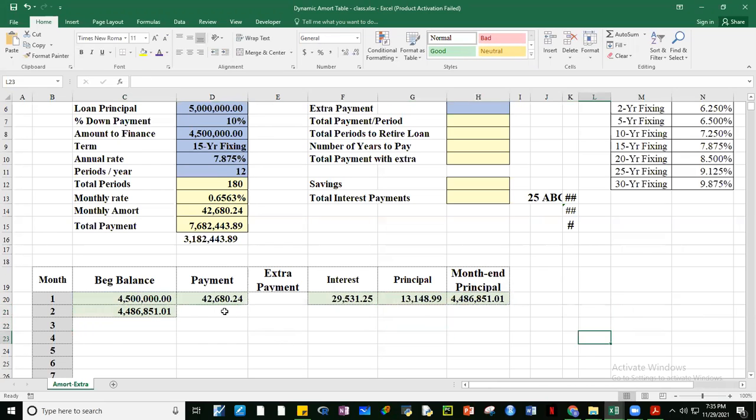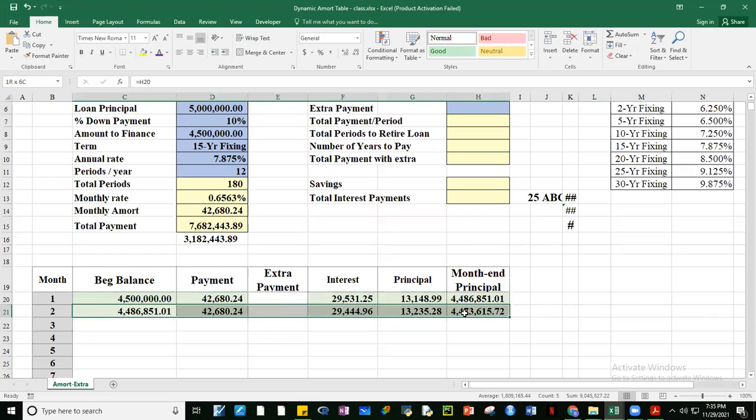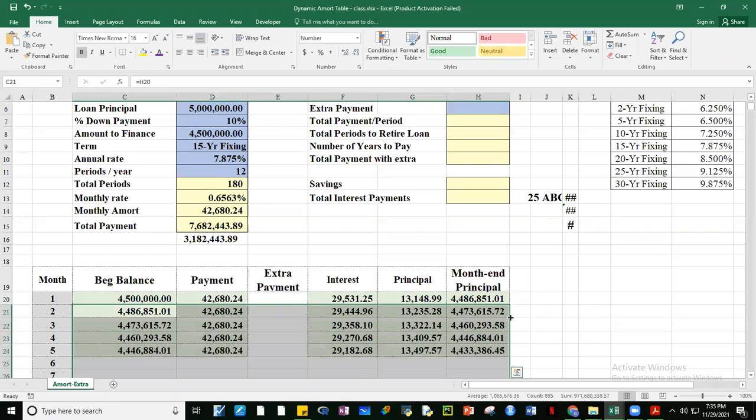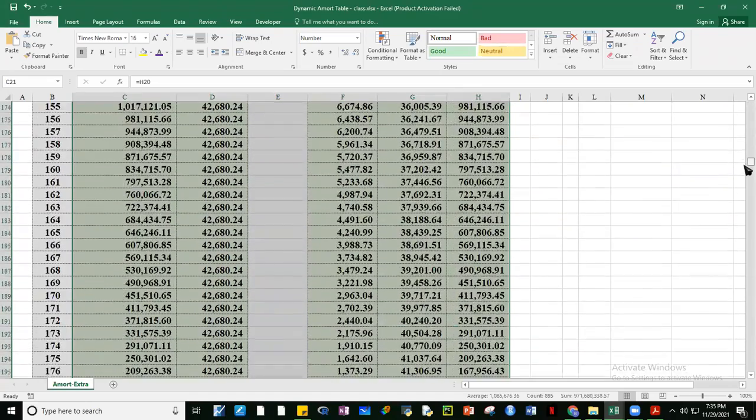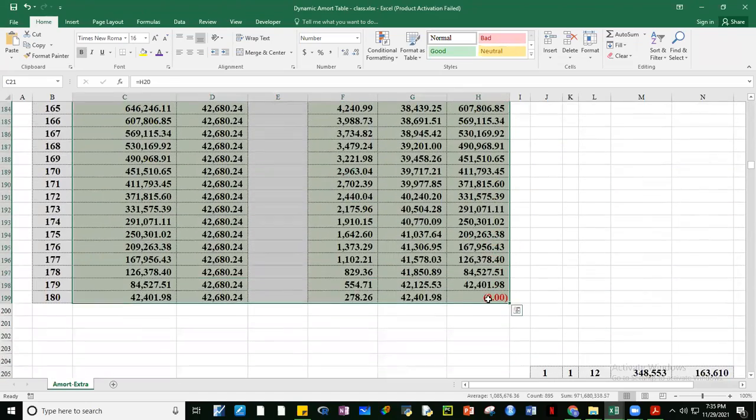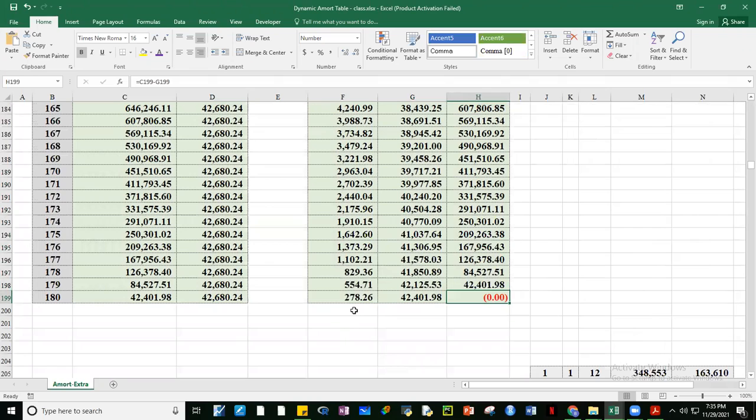Okay, so ito guys, ito lahat ng to pareho lang to. Pareho lang yung formula na yan. Yan. So let's just copy this. Copy going down. Yan. Okay? Hanggang dulo. Notice guys, ang dulo niya, 0. Ibig sabihin, wala na natirang principal. Okay?